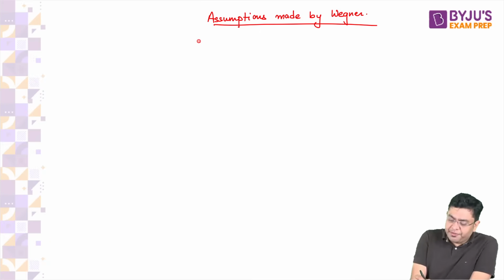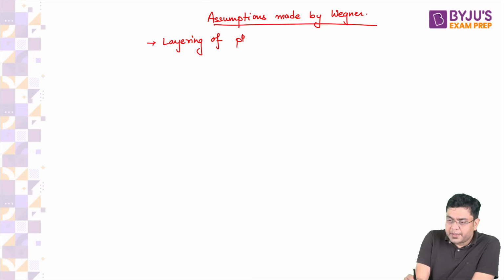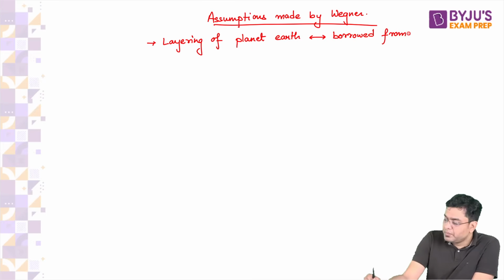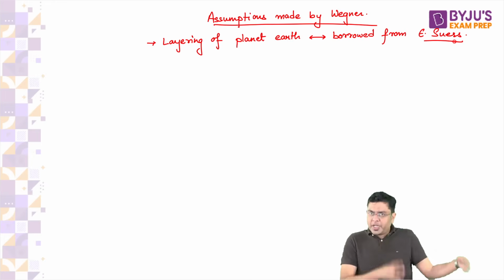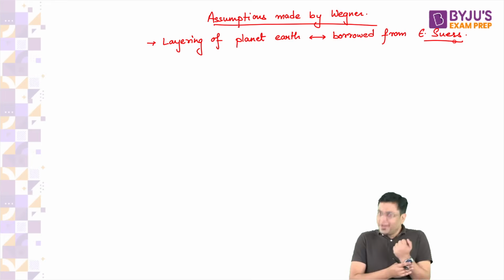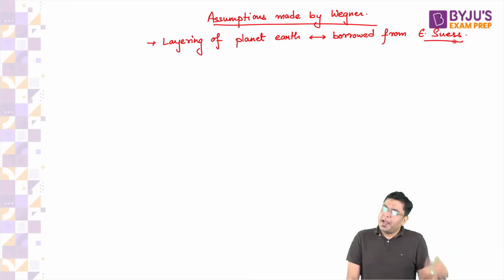So, the first assumption that he made was about the layering of planet Earth. This was borrowed from Edward Suess. He was an Austrian geologist. So, German climatologist, a neighboring region, Austrian geologist, he trusted him and he borrowed his idea.